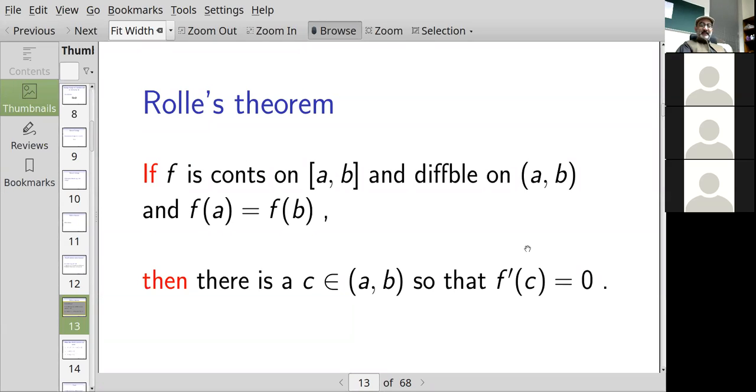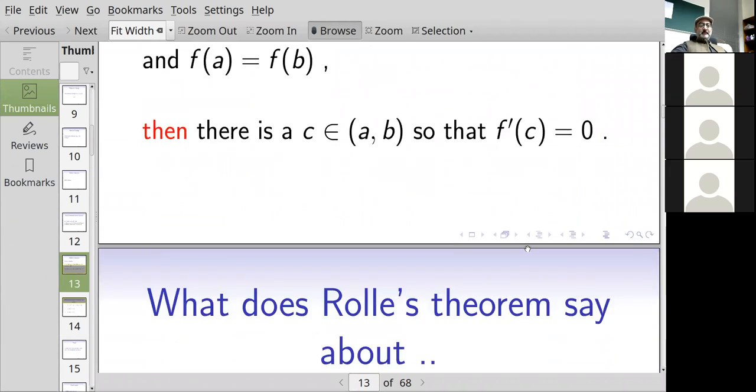So what this is saying is that if you've got this continuous function and it's differentiable on the open interval, the interior of this interval, then the average rate of change is 0, and at some point in the open interval, the instantaneous rate of change is also 0.